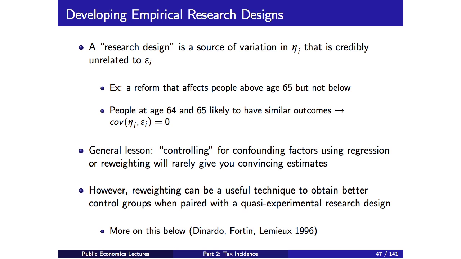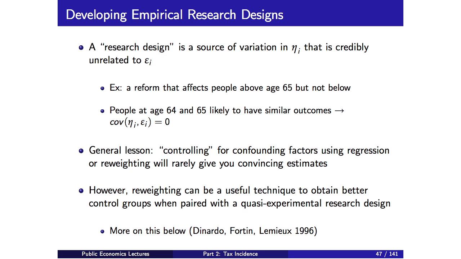Technically, what does that mean? It is, in this context, what is the source of variation in eta i that's driving your identification? Where is that variation in eta i coming from? And in particular, do I think that source of variation is credibly unrelated to epsilon i, the error term in the treatment effect equation, right?